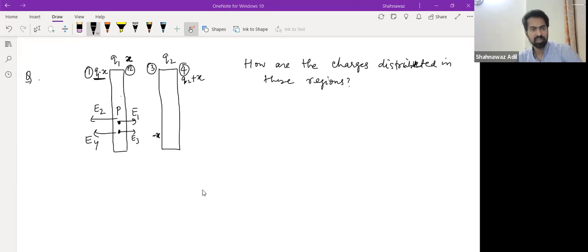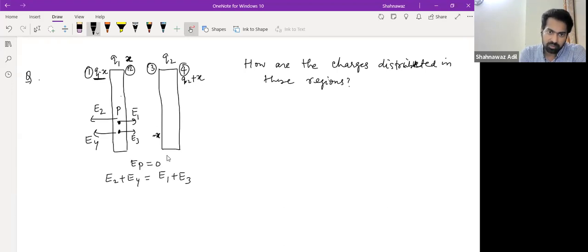All will contribute to give equal and opposite electric field, so this will contribute to give 0. So this means that E2 plus E4 would be E1 plus E3, because EP is 0. Am I correct?